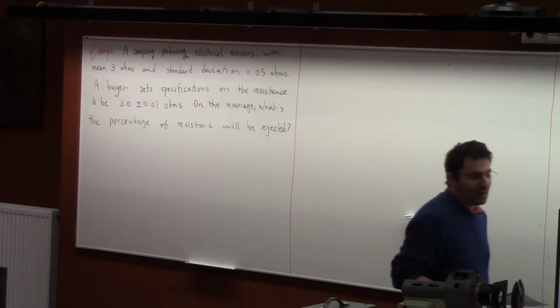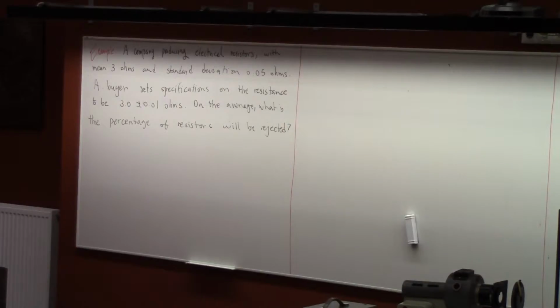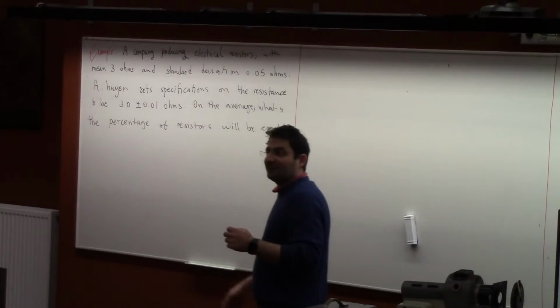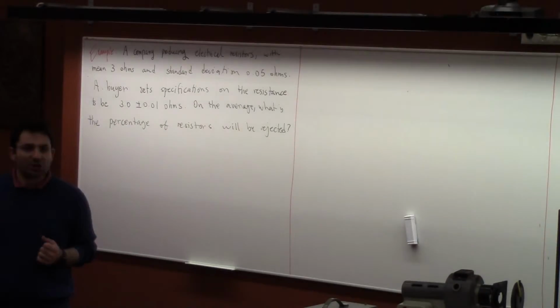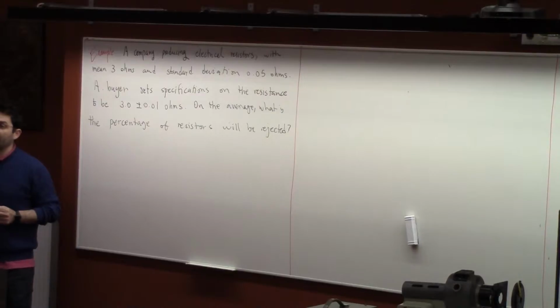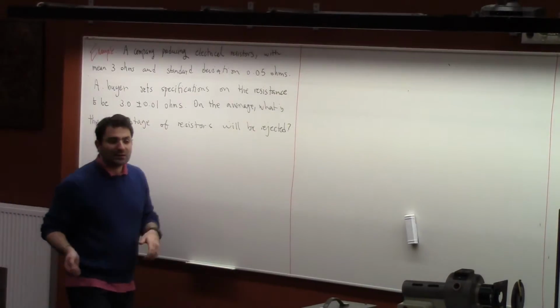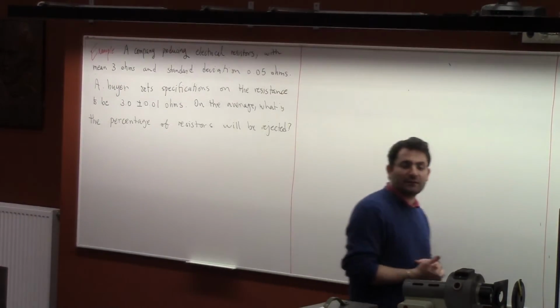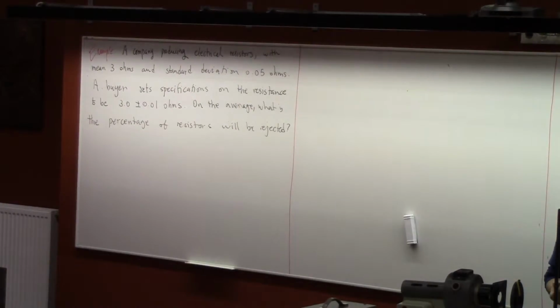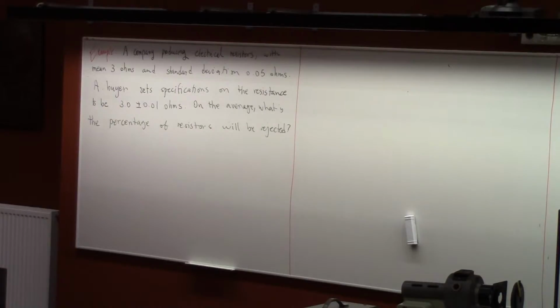The company manufactures resistors of 3 ohm on average with a standard deviation of 0.05. Now a person comes and buys, but the person will reject resistors which are not satisfying the 3 plus minus 0.01 ohm. The question is what is the percentage of the resistors which are being rejected? In other words, what is the probability that the resistors will be rejected?